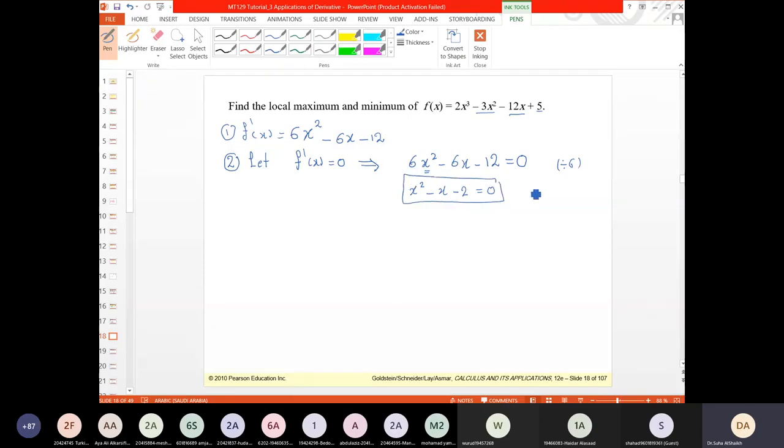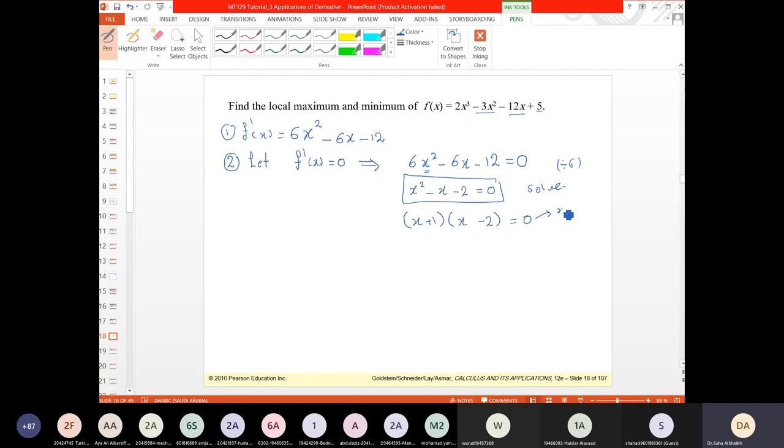Now let's solve it. Is that correct? Yeah. We can factorize this into (x minus 2)(x plus 1), right? Yeah, that's correct. Now two things, one of them equals 0.